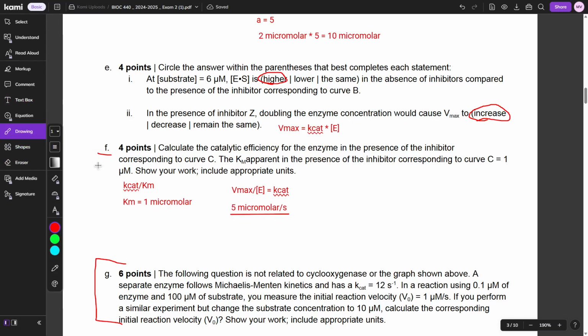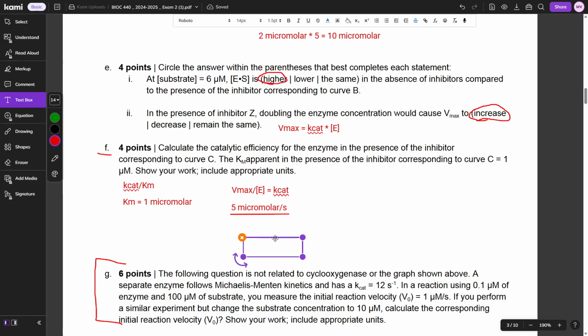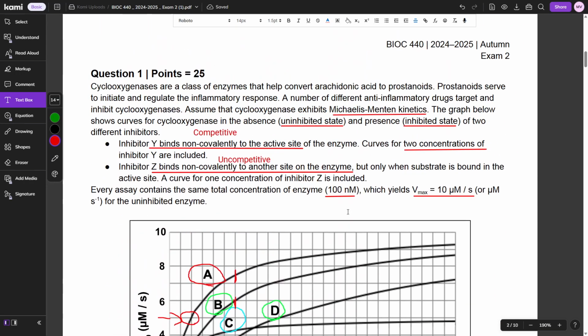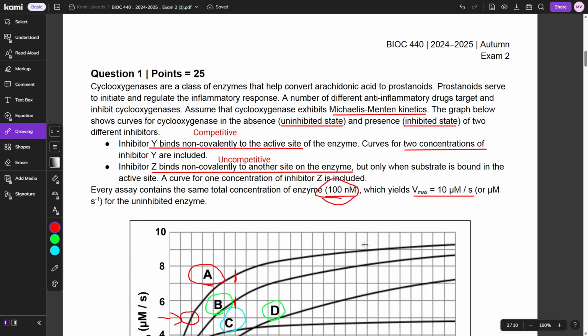The other thing we have to look at is the enzyme concentration, and they give you that here as 100 nanomolar. However, that's nanomolar, so we need to convert it into micromolar. Or you can do it the other way around and convert the micromolar into nanomolar, but why would you do that? That makes it bigger by a factor of 1,000, and I don't like working with bigger numbers. I prefer working with smaller numbers. So if we convert 100 nanomolar into micromolar, it should be around 0.1 micromolar.